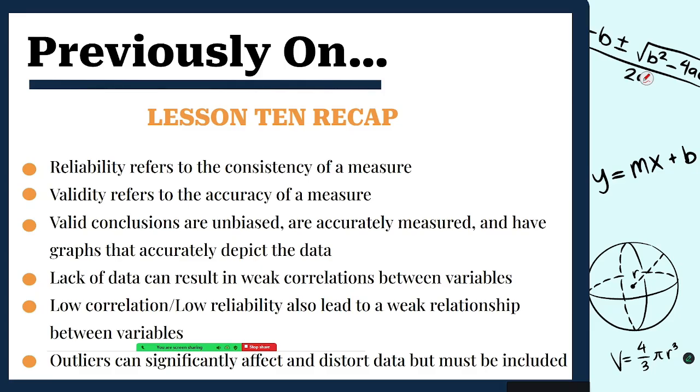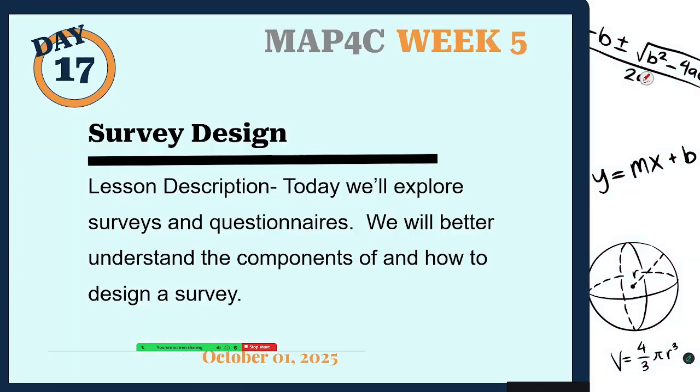So the beginning of lesson 10 was me talking about how you can readjust a graph to work in your favor so that visually it's kind of playing on your mind and making results seem more than they are or less than they are, depending on what you're trying to push. The lack of data can result in weak correlations between variables. We know that a low correlation or low reliability can also lead to weak relationships between variables. And outliers can significantly affect and distort data, but they must be included.